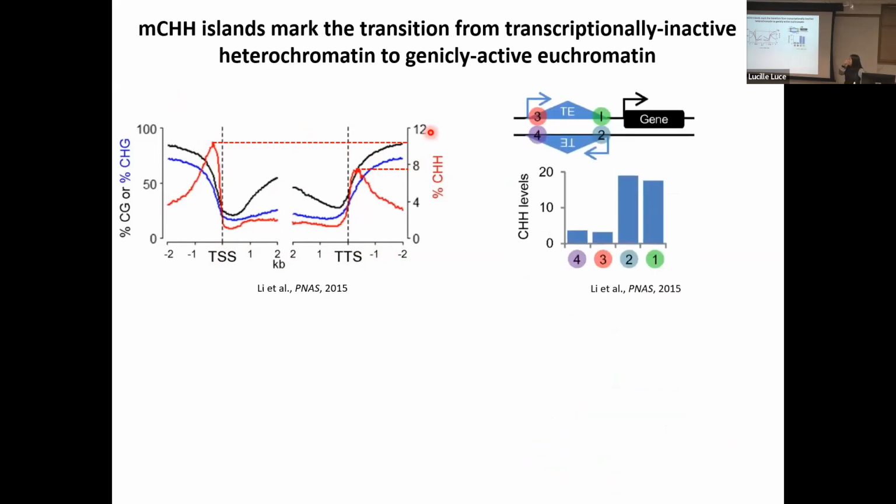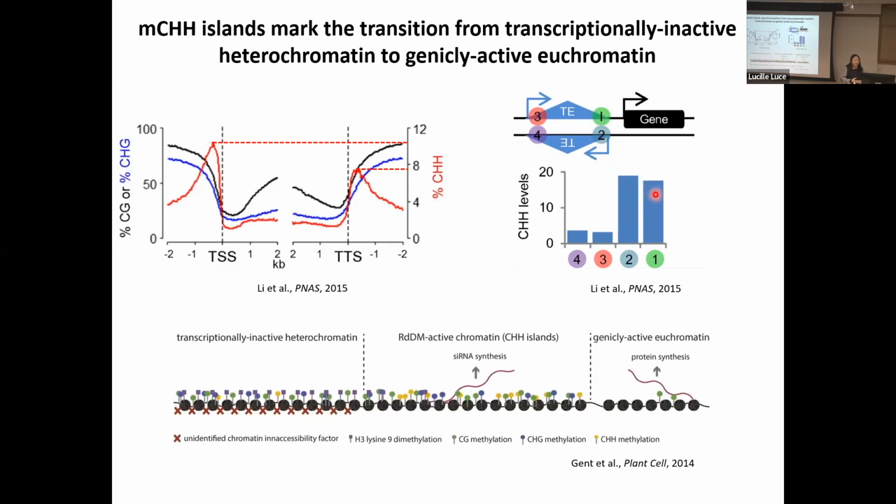People also find that the major factors inducing this CHH island are transposons. You can see you have a transposon here. You check the edges of the transposon, and you will find that these edges of the transposon are methylated, which forms these islands. You can see here the methylation level is even up to 20%.